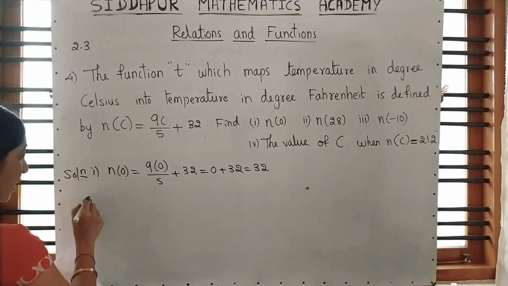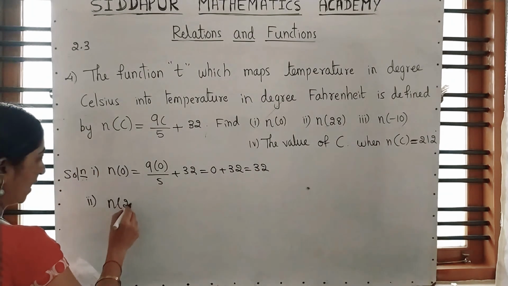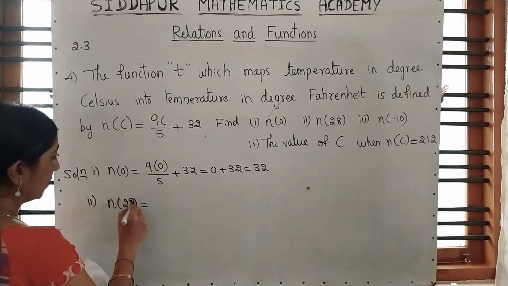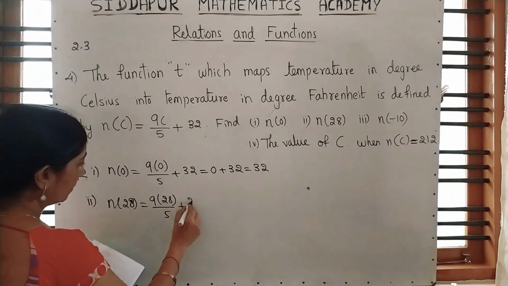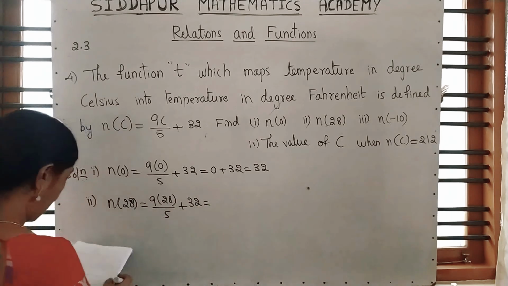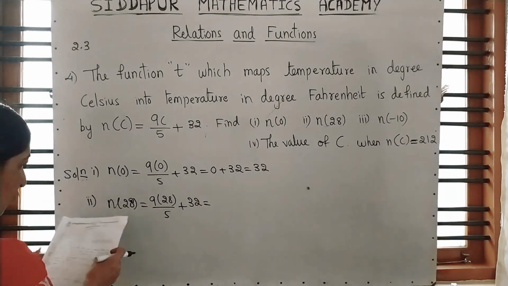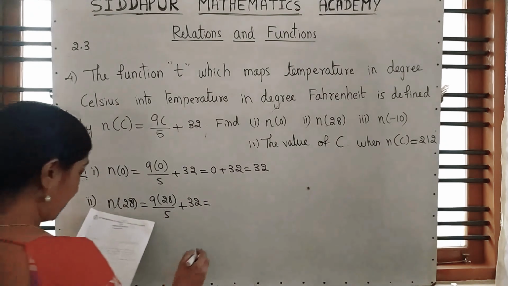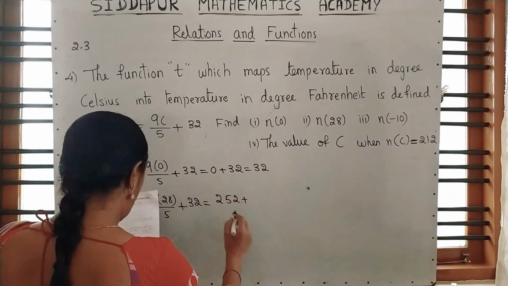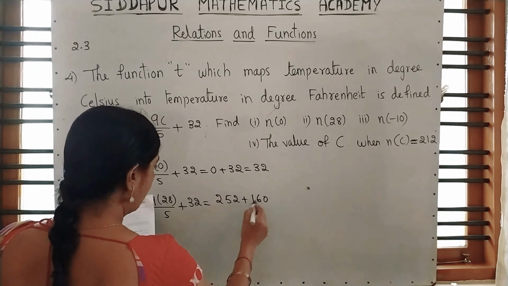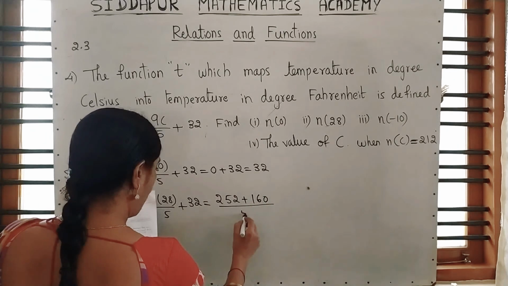Question number 2, second one, that is n of 28. In place of c, we have to write 28. Take the LCM and simplify. 9 into 28 upon 5 plus 32. Taking the LCM and simplifying, 252. 32 into 5 is 160 upon 5.